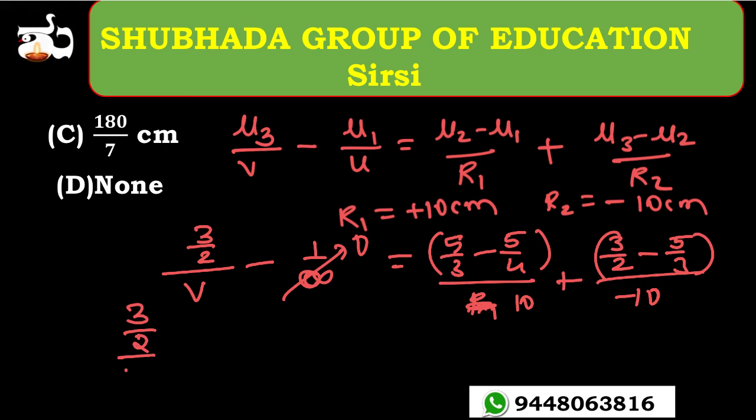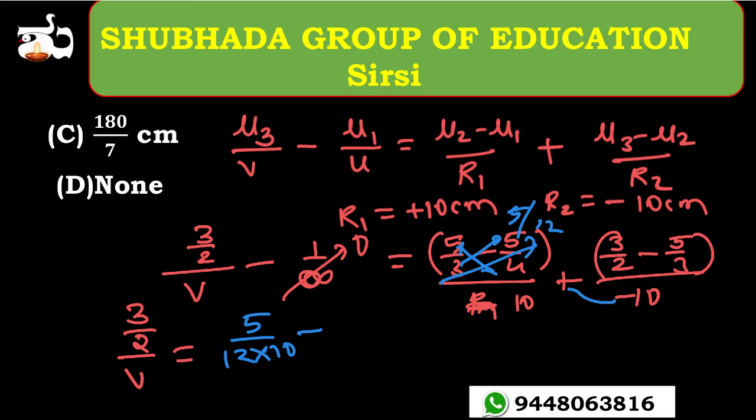3 by 2 divided by V is equal to, now simplify this one. 5 into 4 is 20, 20 minus 15 is 5, divided by 12, so 5 divided by 12 into 10.